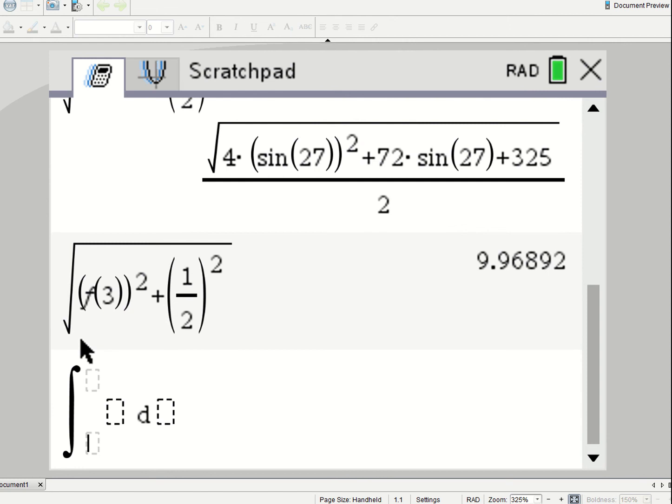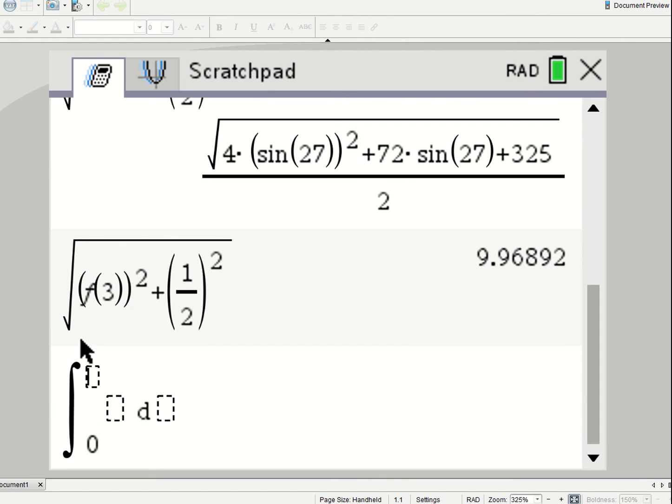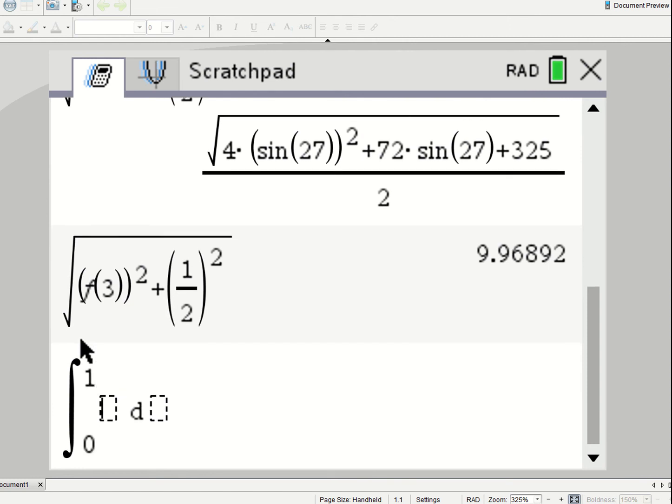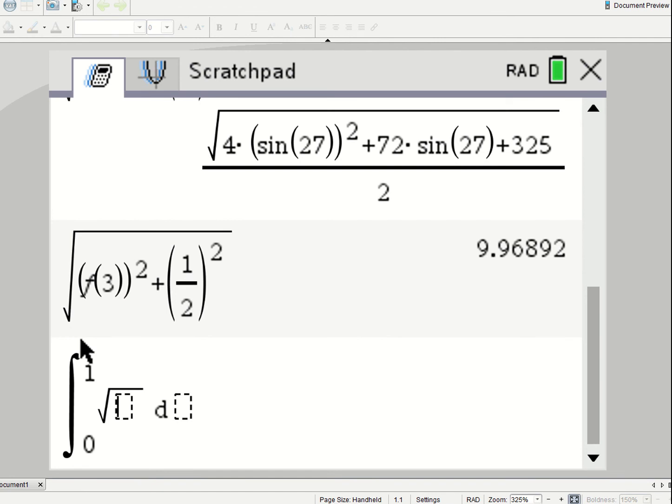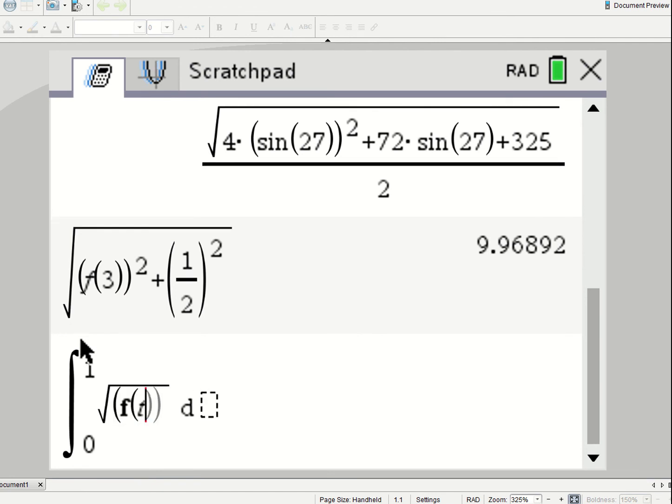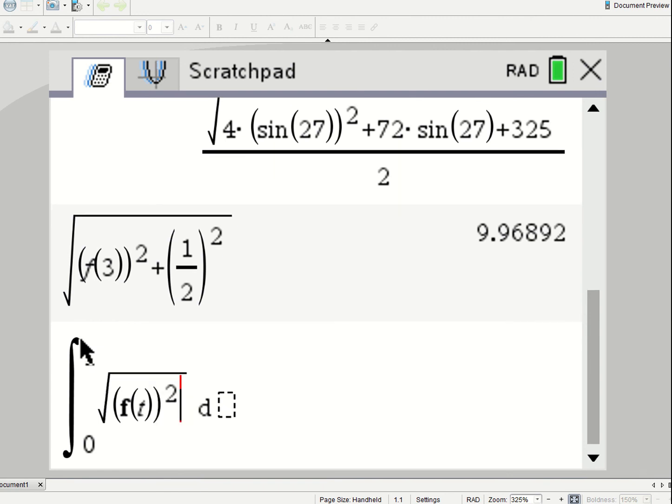Now we can input this all at once. So I'll do the definite integral from 0 to 1 of the square root of, remember, I want to square the rate of change of x, which I called f. And I do want to square that. Plus the rate of change of y on that interval, which is -2, quantity squared. Now you could certainly write that as 4 dt. And then I'm going to add on to this another definite integral.